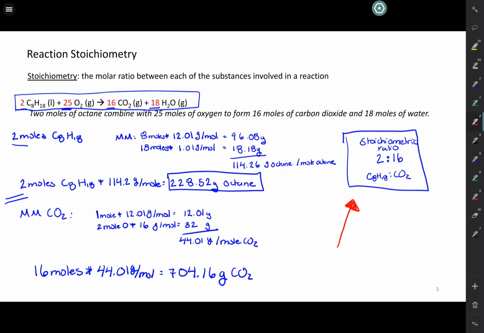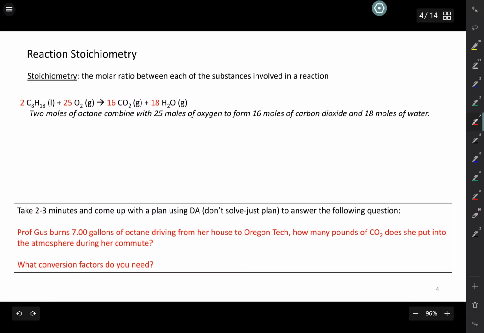No matter the amount that I start out with, the ratio is always going to be the same, and the molar masses are always going to be the same. So now we'll end up with a dimensional analysis type of problem where we use the stoichiometric ratio and the molar masses as conversion factors. Let's get to it.